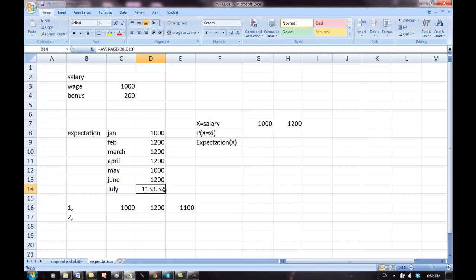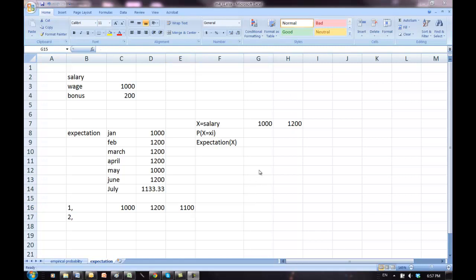I think most of us will agree this one is a more accurate estimate, because it takes into account the different probability of making 1,000 versus $1,200, and this simple average of the two numbers failed to take those factors into account.